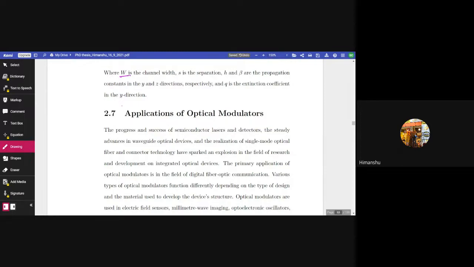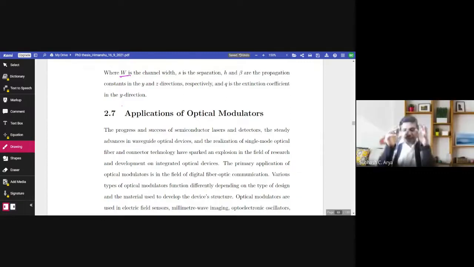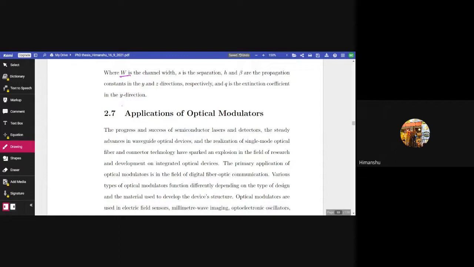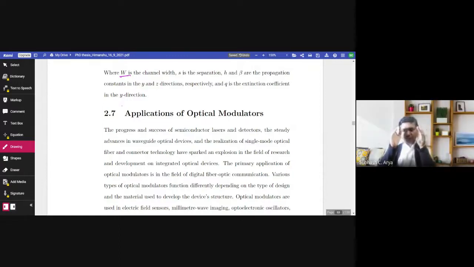Now coming to section 2.7, applications of optical modulators. Can we pause a little bit here? Okay, sir. So here two waveguides are there, in the very nearby vicinity to each other.